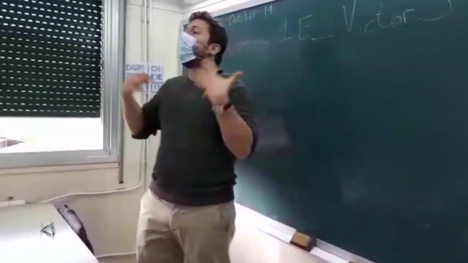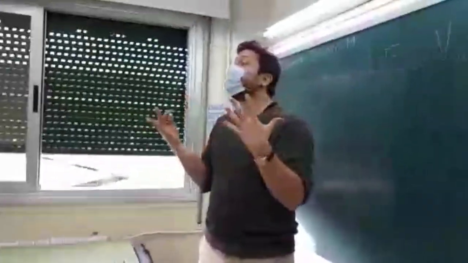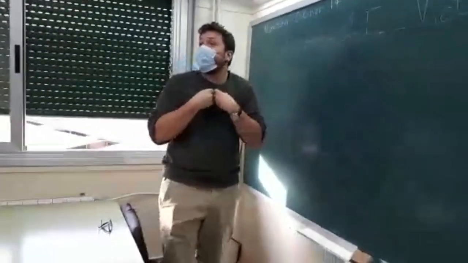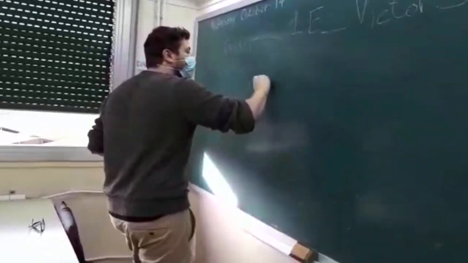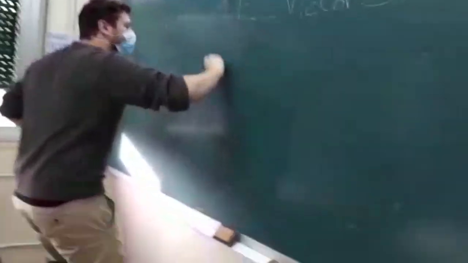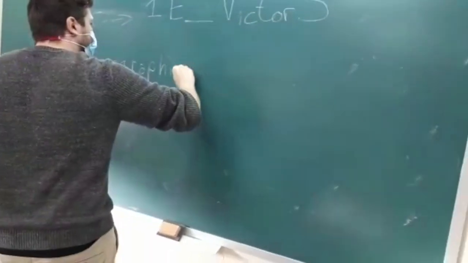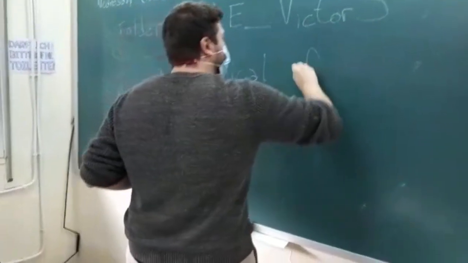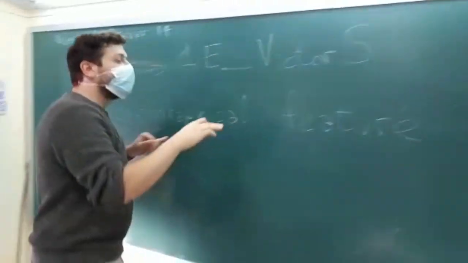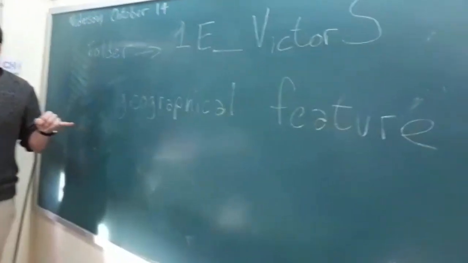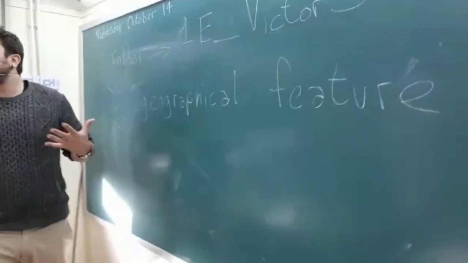Something about science, geography, right? A geographical feature. That's what I would call it. Something on Earth is a geographical feature. Geographical feature. Okay?